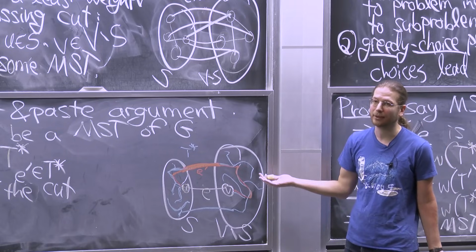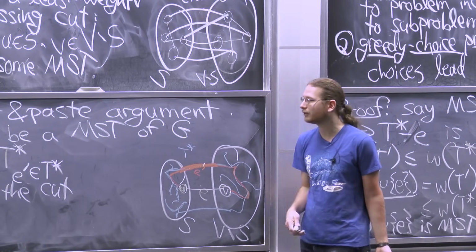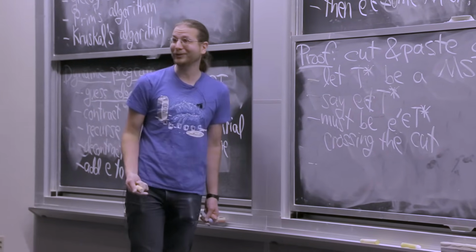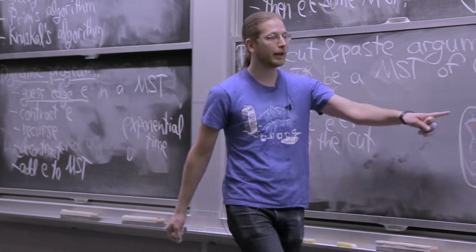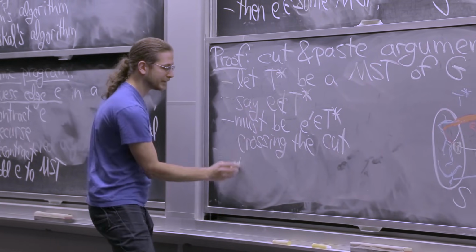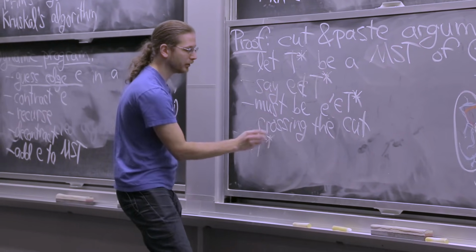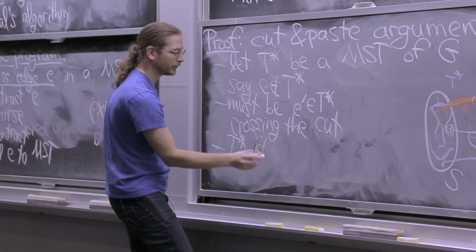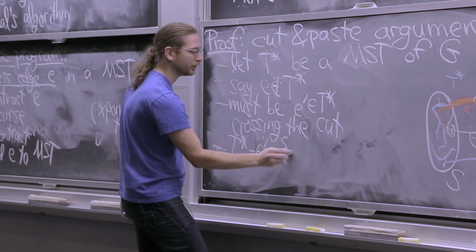It might transition many times, but there has to be at least one such edge. And now what I'm going to do is cut and paste. I'm going to remove E prime and add in E instead. So I'm going to look at T star minus E prime plus E.